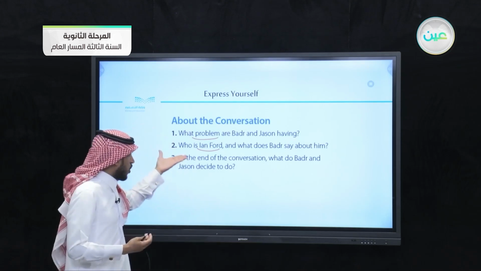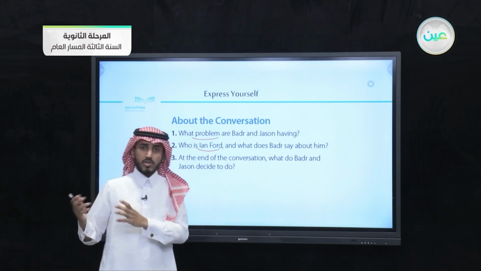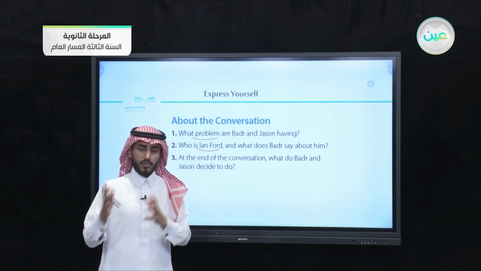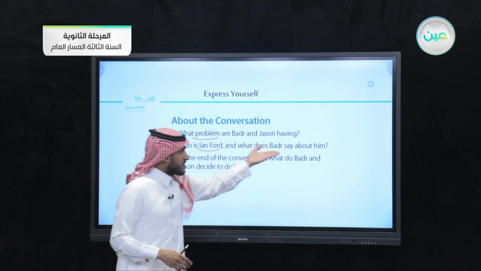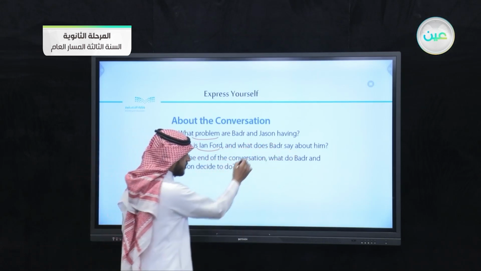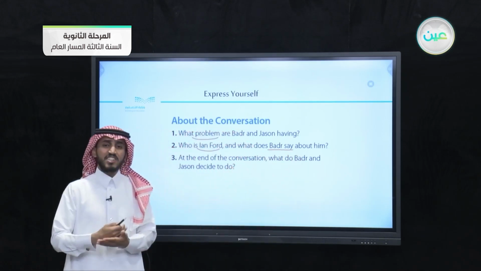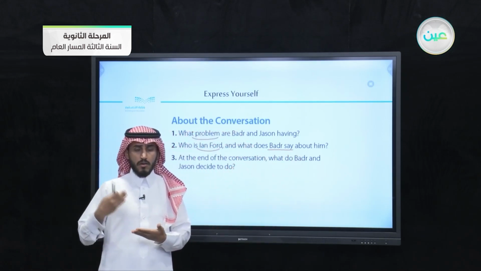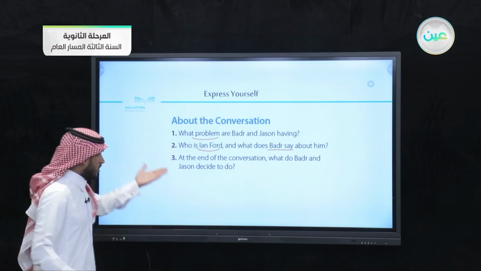For example, here we are asked to know who is Ian Ford. So we will look for the role or the job of Ian Ford. After that, what does Badr say about him? Then we will go back and check for Badr's opinion of Ian Ford.